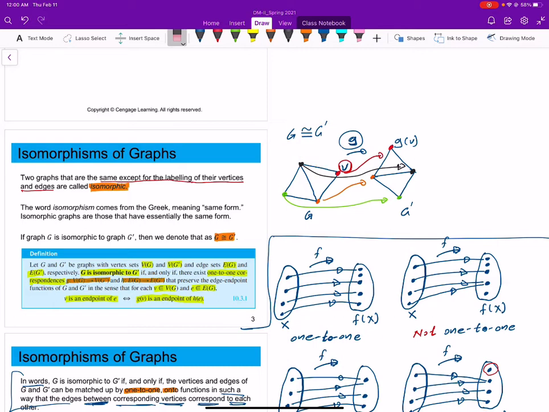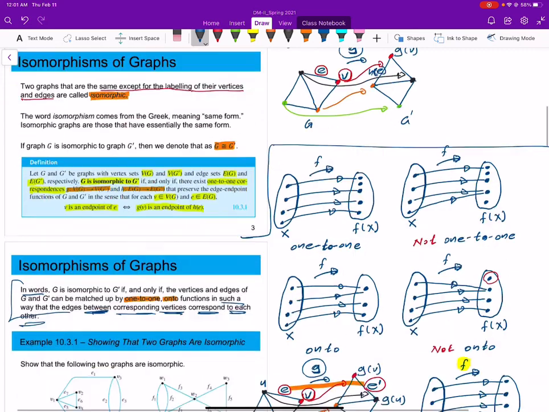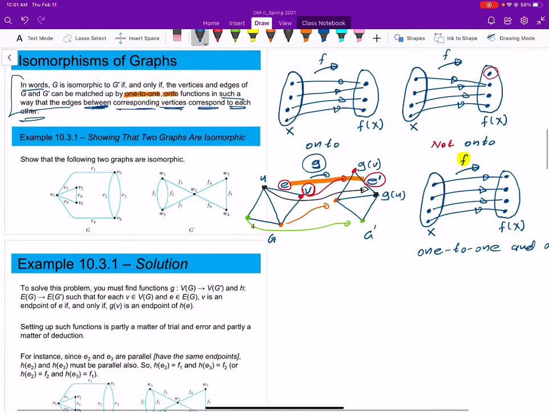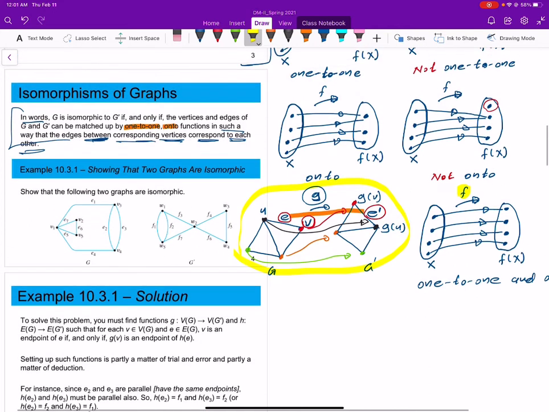Oh, sorry, it should be there. By the way, last time I forgot to put HV here, HE. Alright, so go back here, and this is relevant to the explanation of this part.